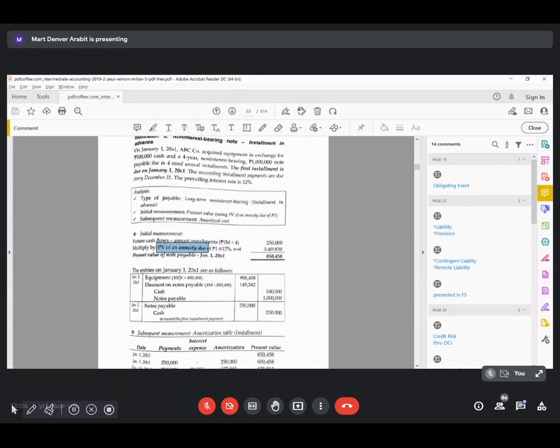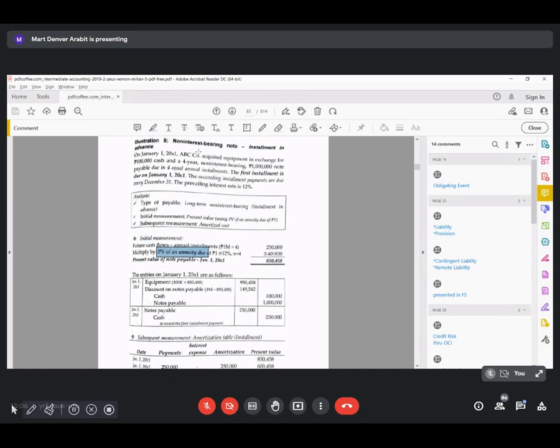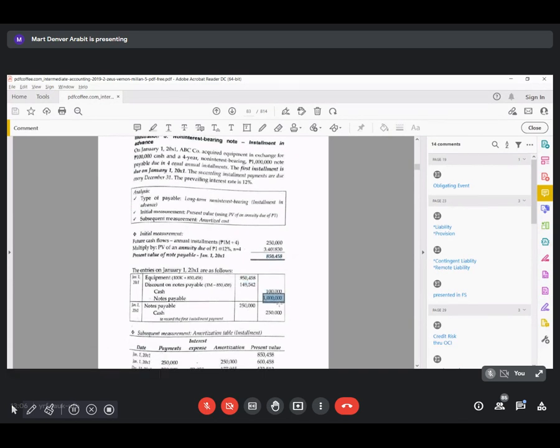I-add natin yung 100,000 na cash consideration na natanggap para ma-compute natin yung value ng equipment, which is 950,000. And the difference is the discount. So difference between yung present value ng note and yung face amount niya. And at the same time, same day, magre-record ka rin ng first installment.